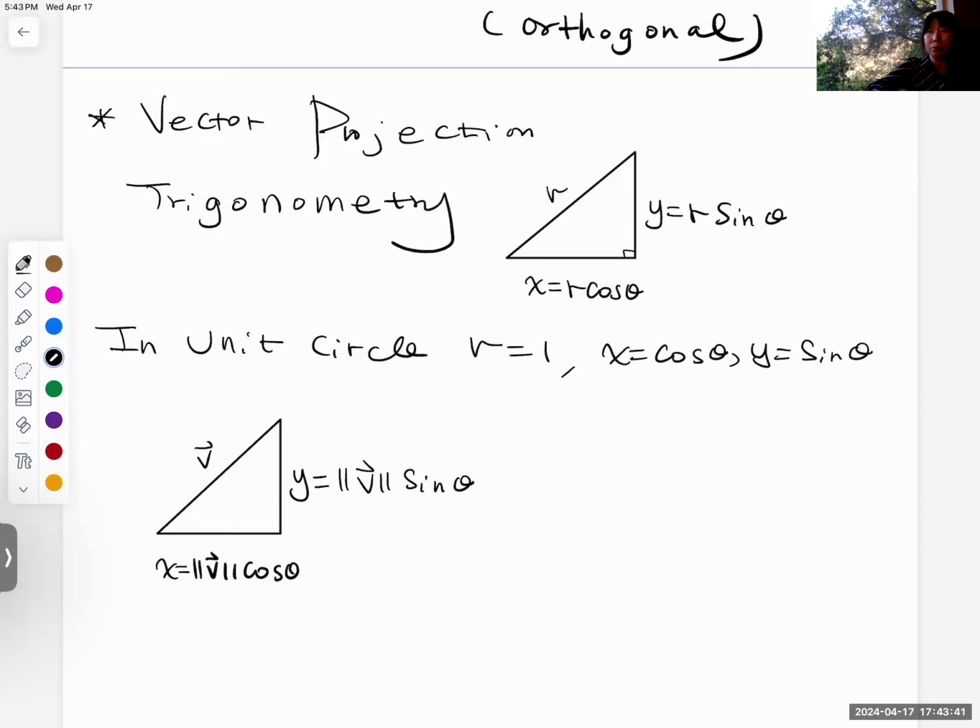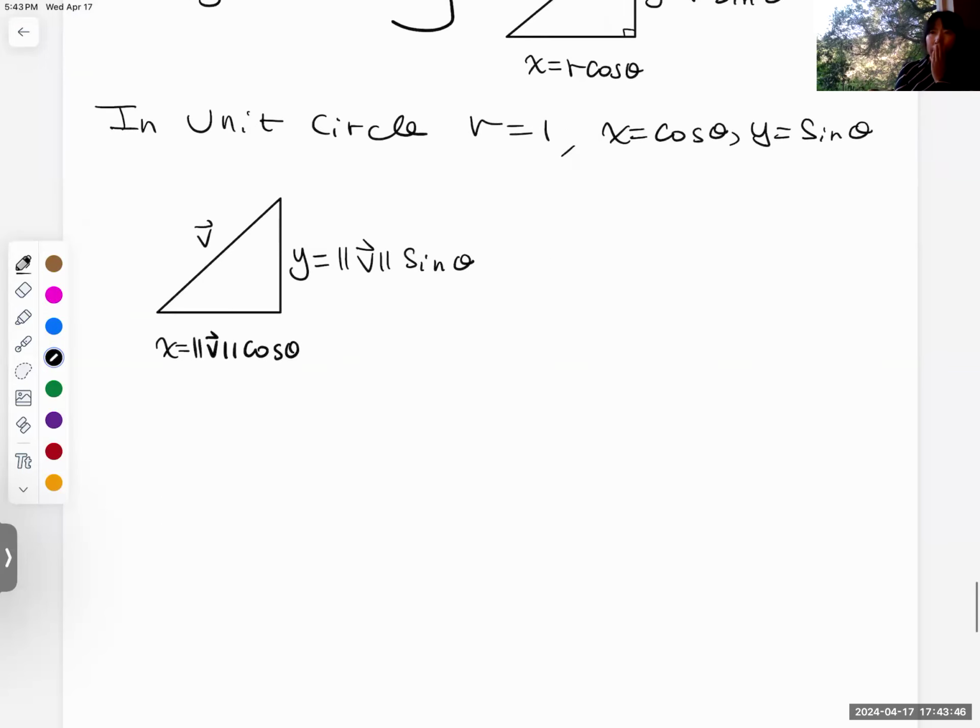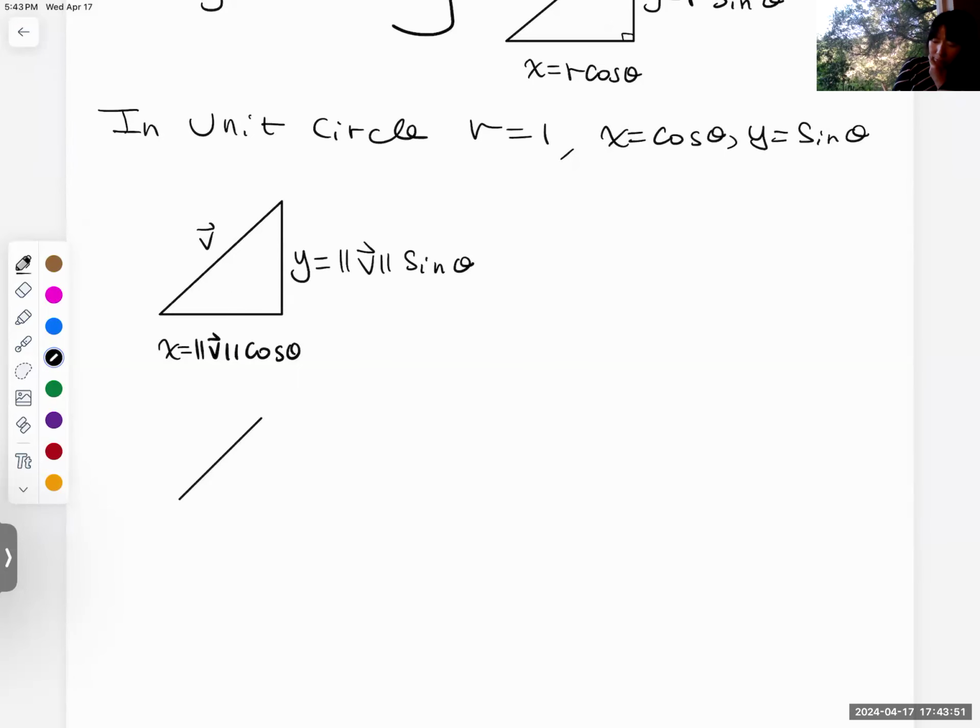Okay, now, what's the projection? We have vector V, and then vector U. I am projecting from the terminal of vector V. We call this the tip. From the tip, project here.